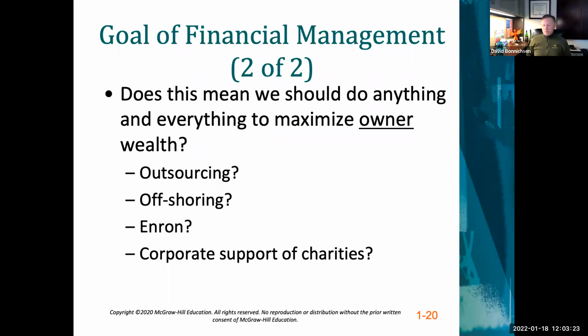If we have a company based in the United States, and our goal is to maximize shareholder value, and we're presented with an opportunity to outsource our IT department to a different country, does that maximize shareholder value? From a pure numbers standpoint, if you're able to get the same level of service, it's costing you less, and you're not sacrificing any revenue because of that change, then yeah, I guess from a pure numbers standpoint, that makes sense.